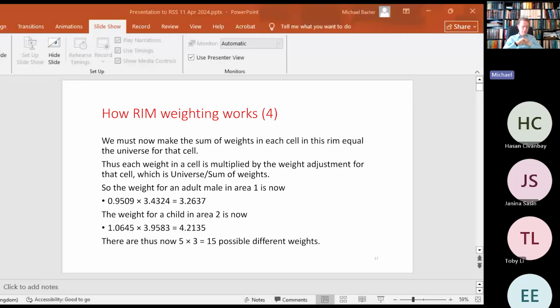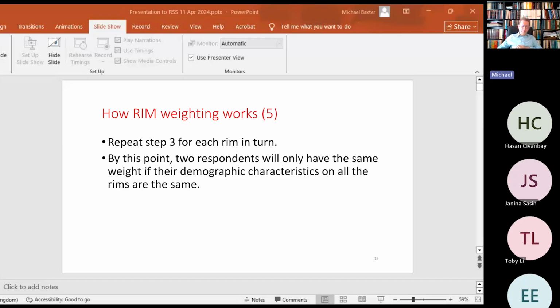So you've now got 15 possible different weights. And you now do the same thing for each rim in turn, however many rims you've got. And when you've gone through this cycle once, 2 respondents will only have the same weight if their demographic characteristics on all the rims are the same.